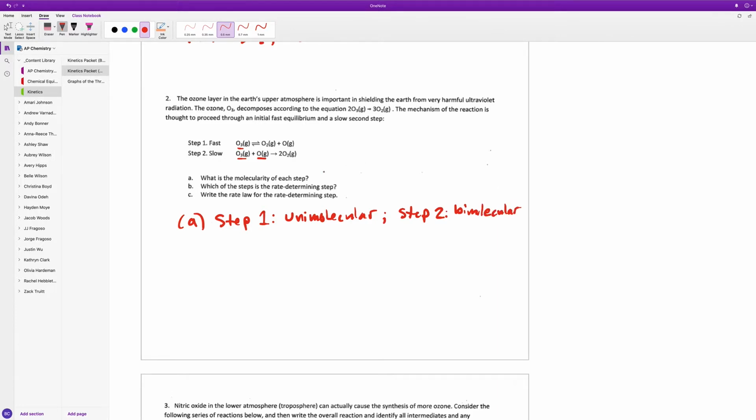Which of the steps is the rate determining step? It's the slow step, step 2. In parentheses, I'll just say it's the slow step.